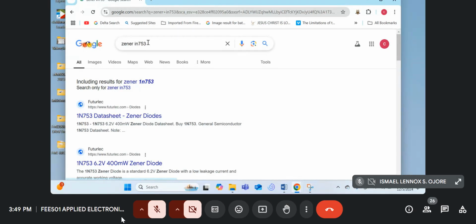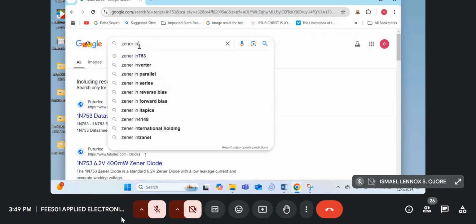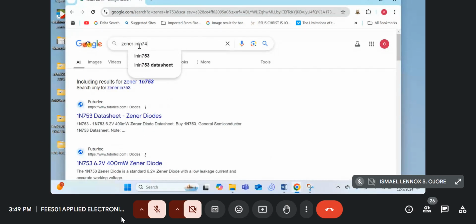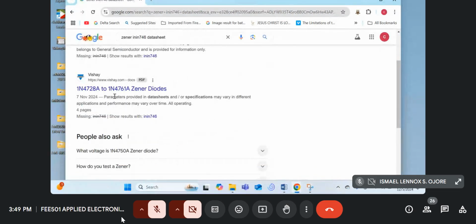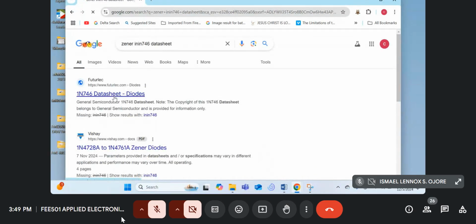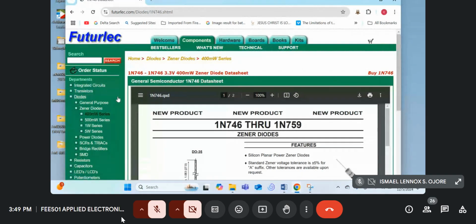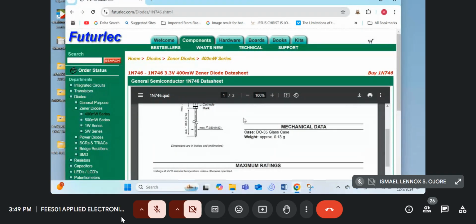Then let's look for the next one, which is IN746. It looks to be a 3.3 volts, 400 milliwatts Zener.